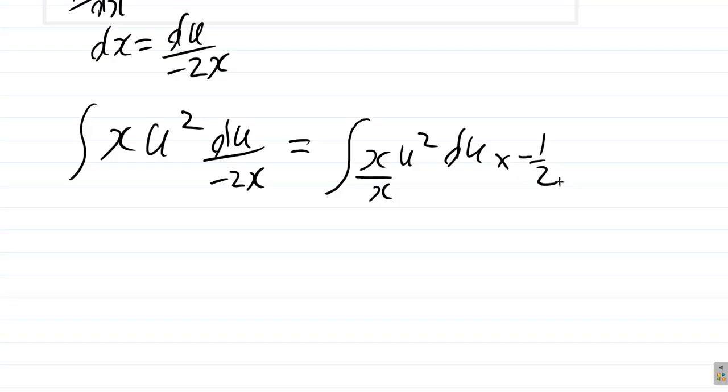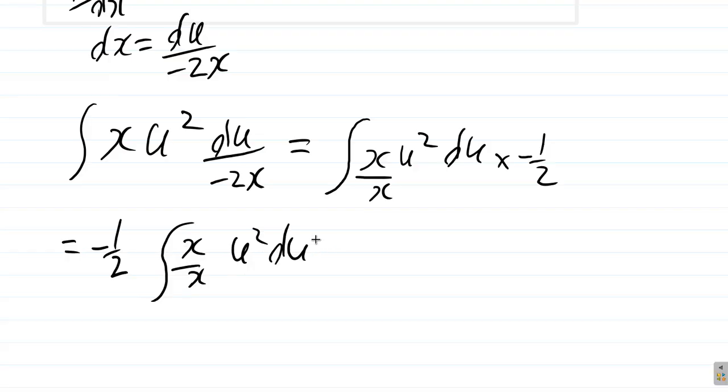You see that? So, this can be written as negative half, where you put the negative half outside the integral sign, integral of x over x u squared du. You see that? So this is negative half integral of u squared du, because x divided by x, that's 1. Alright?